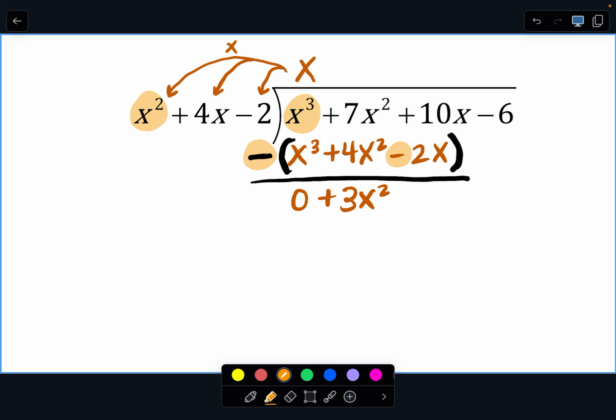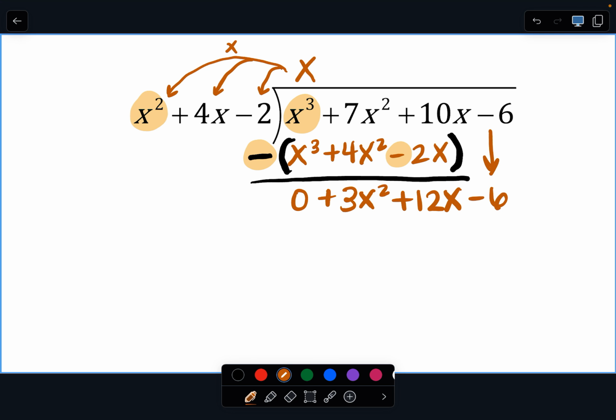So what's 10x plus 2x? 12x. Now, what I like to do, just because these do get to be longer, anything that follows after this step, because we're done with like the first round of doing this, I bring down whatever is left over. So I'm just going to bring down this minus 6.